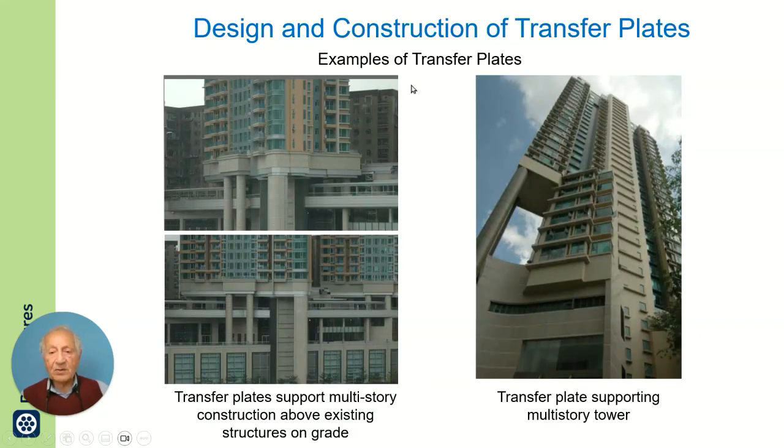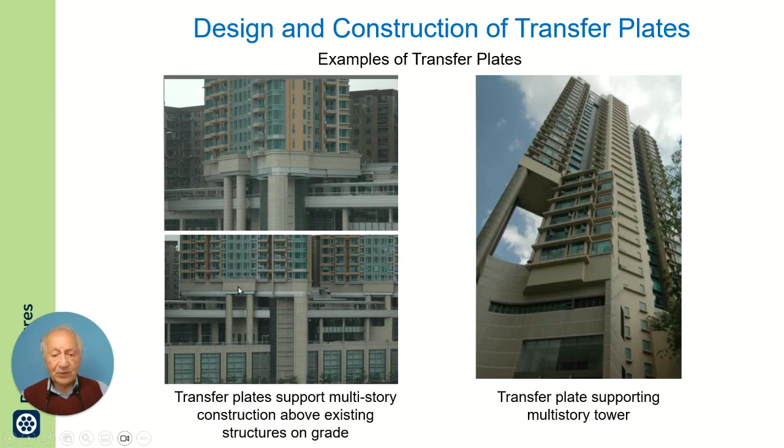Here are some examples of transfer plates. On the upper left, note the multi-story levels of something that looks more like residential, all supported on a few columns in order to provide space below for a totally different structure.